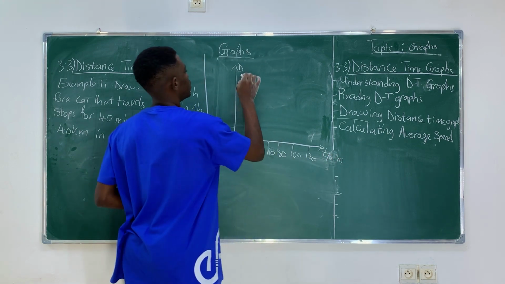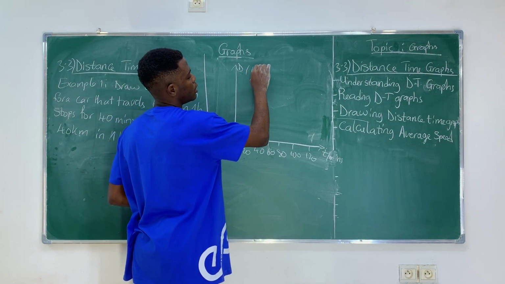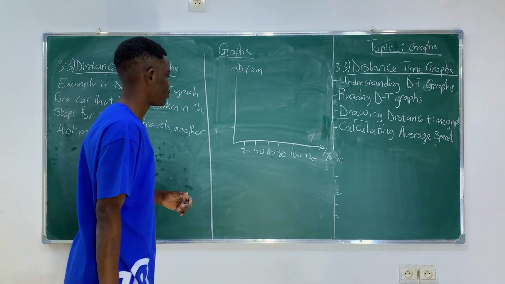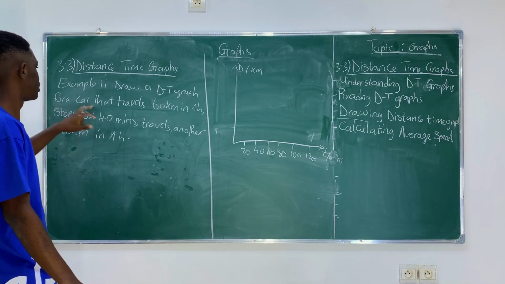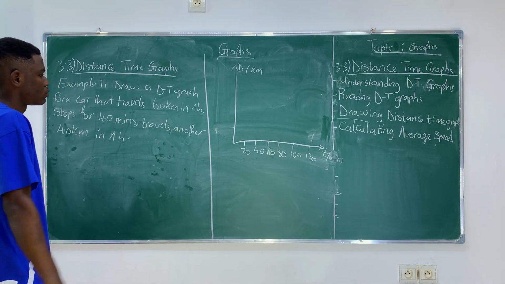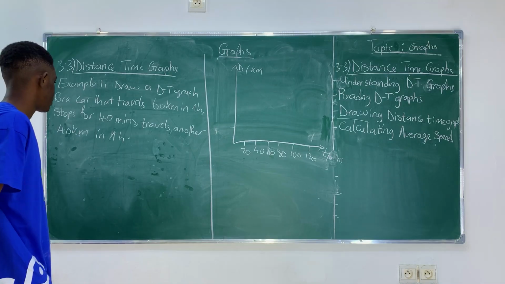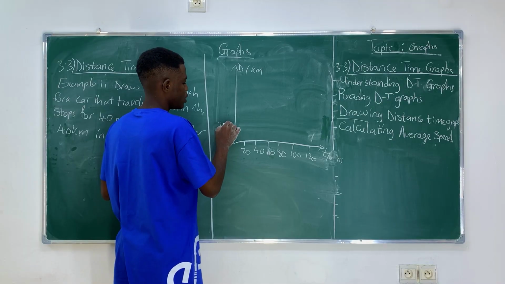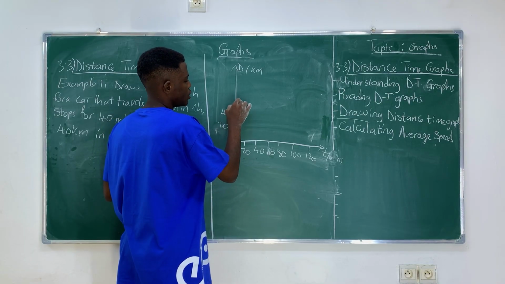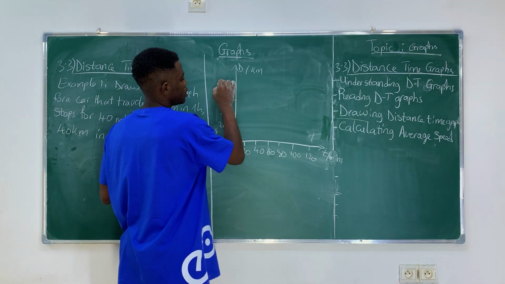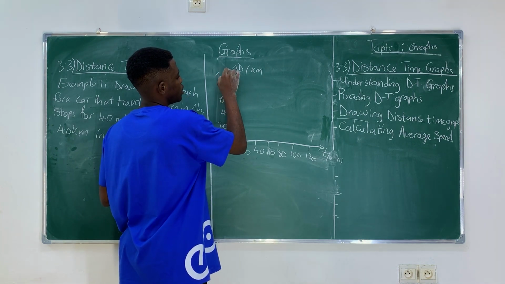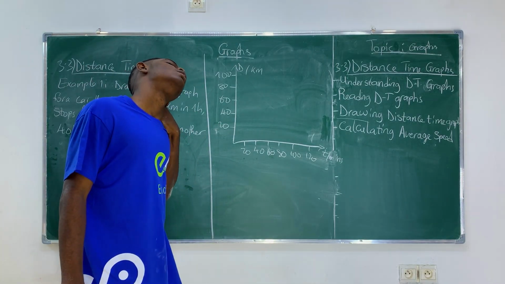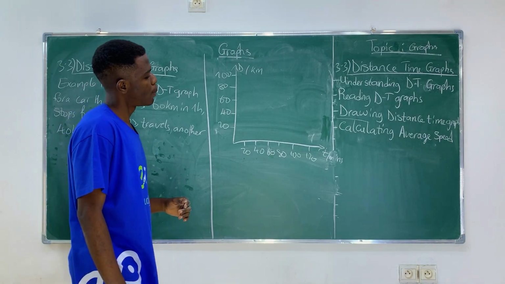This is time in minutes and distance in kilometers. They gave us distance in what? Kilometers, okay. 60 kilometers in 1 hour. So 20, 40, 60, 80, 100.